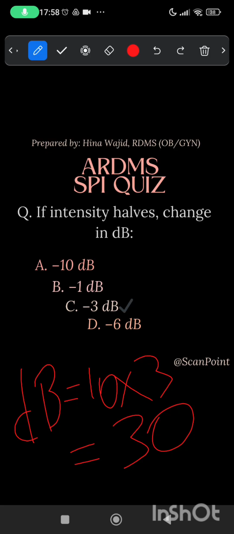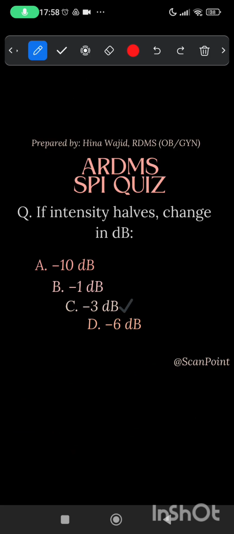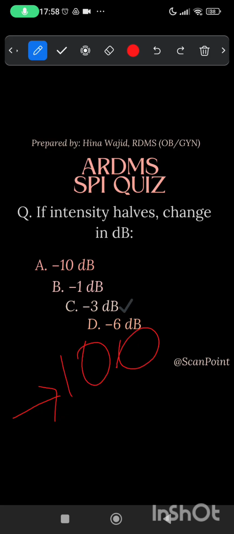So we can remember it for the power or the intensity. Whenever the ratio, which is final divided by initial value, is 100, then the change is plus 20 decibel. When it's 1000, the change is plus 30 decibel.